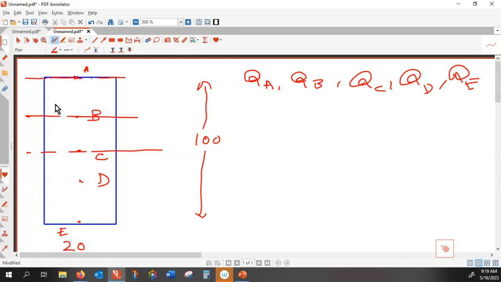To calculate Q, you are welcome to use either the upper piece or the lower piece. Both of them give you the same number, but one of them is much easier. You'll be smart to choose the one which is easier. So maybe I start with QB and then we go to QA.